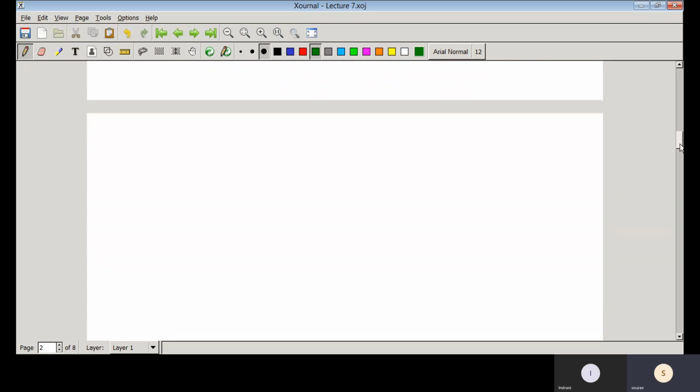So let us write a transfer function in standard form. Let G(s) be as follows. Now you can see that the transfer function is actually a ratio, a rational function.